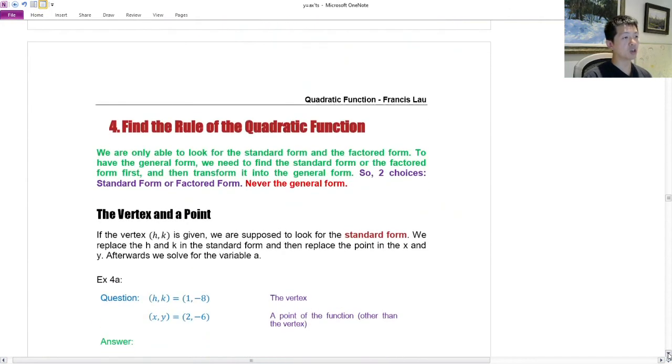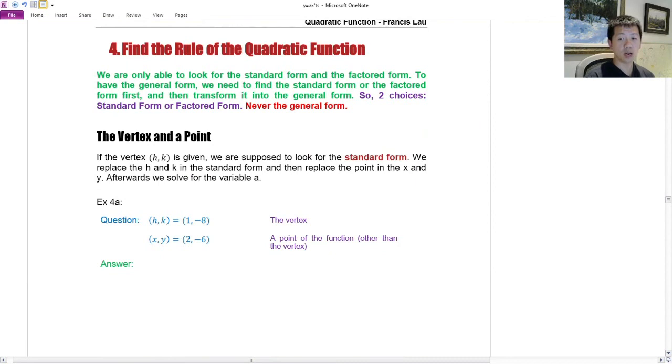Now that we finished all the transformations, now that you know how to transform one to the other, it's important to actually figure out how to find the rules now. Okay, finding the rules, we have several cases. We use these cases to solve situational problems.